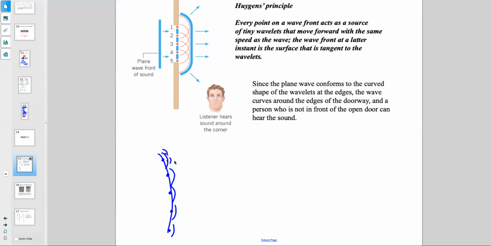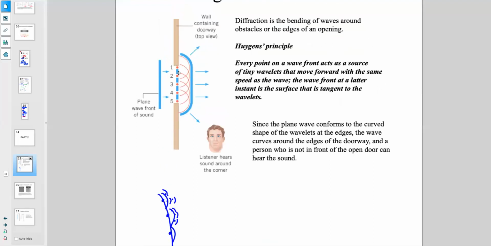All of these points are acting like a source for me. Every point on a wavefront acts as a source of tiny wavelets that move forward with the same speed as the wave. The wavefront at a later instant is the surface that is tangent to the wavelets. So if you consider all of these wavelets to be the source, then they will create a wave, and the wavefront, which is this blue line here, is curved on the edges.